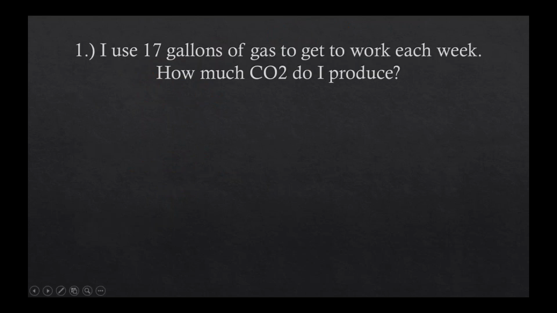So, number 1, I use 17 gallons of gas to get to work each week. How much CO2 do I produce? For some of these problems, at least the gas problems, sometimes I like to work backwards because I know if I'm using gas and CO2, I have to use the 19.8 pounds per 1 gallon of gas. Have to. There's no other option.